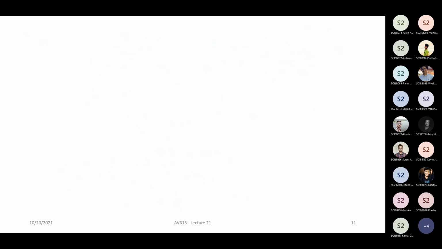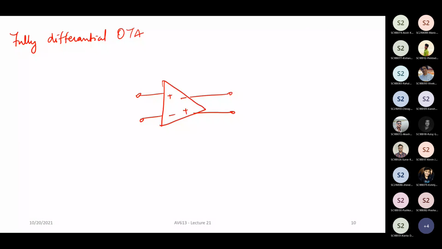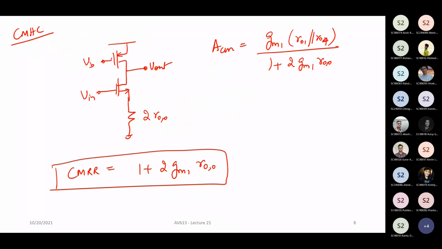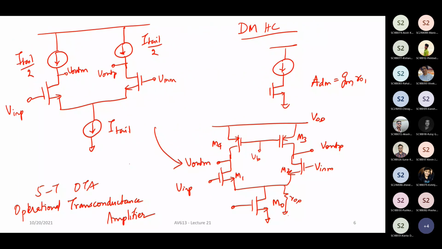Now, before I move on to a single-ended op-amp, let me give a couple of points. One point is that if you look at the CMRR, this M0 transistor, how will we size it typically? The sizing will be such that you increase its channel length also, right?